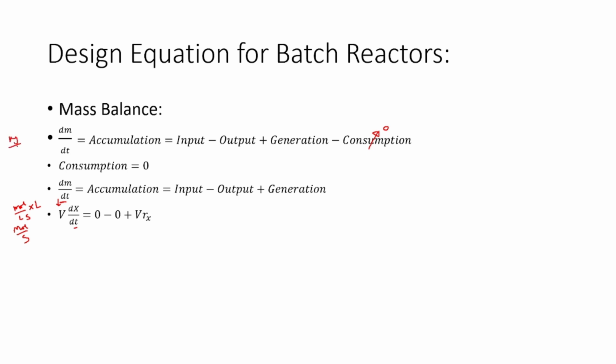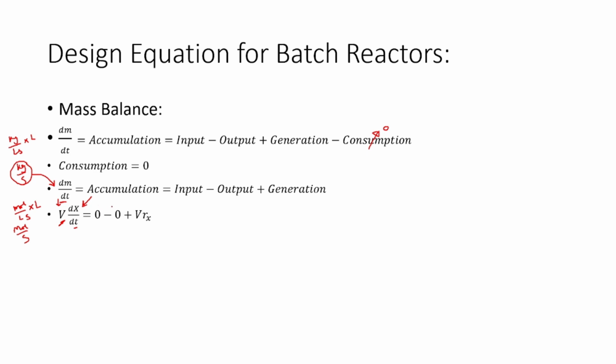Then you multiply it by volume to get kg per second, and kg per second is the rate of change of mass with time. So when you do a mass balance or mole balance, you multiply the rate with the volume. So V dx/dt is the accumulation of mass.